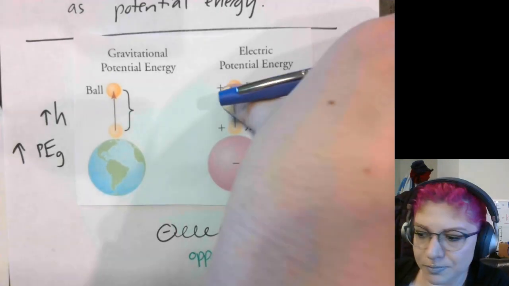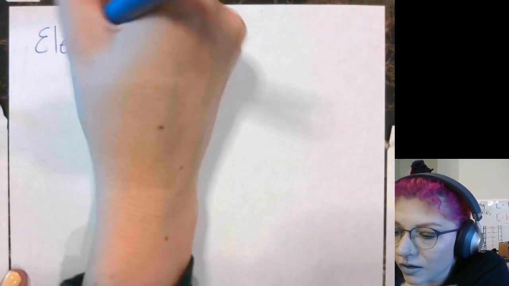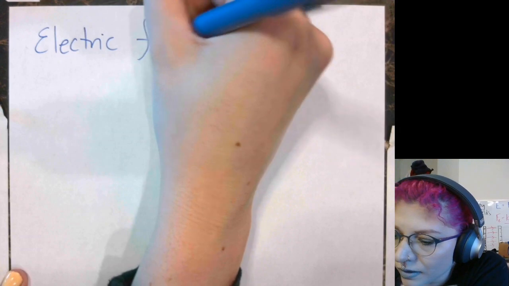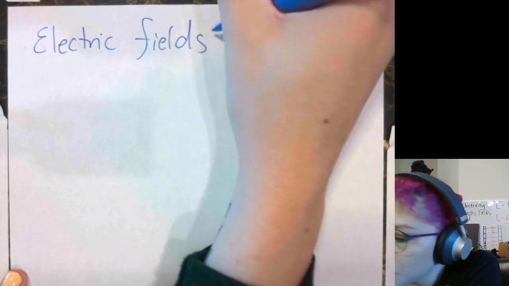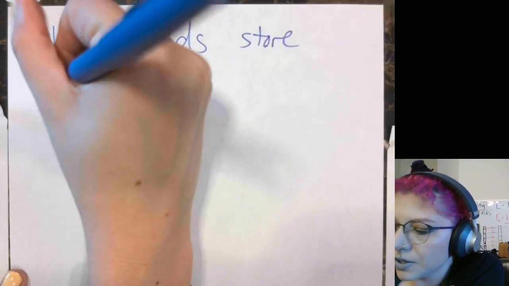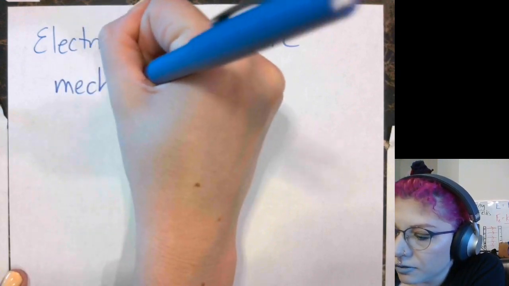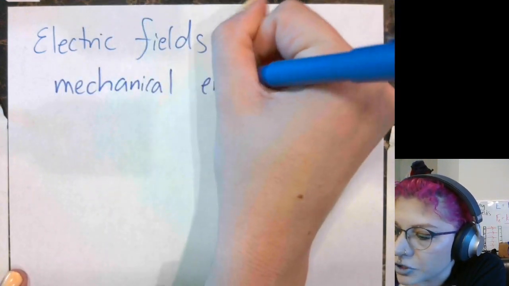You might be wondering at this point, okay, where in the actual system between the charges do we put this energy? The answer is that electric fields store mechanical energy.